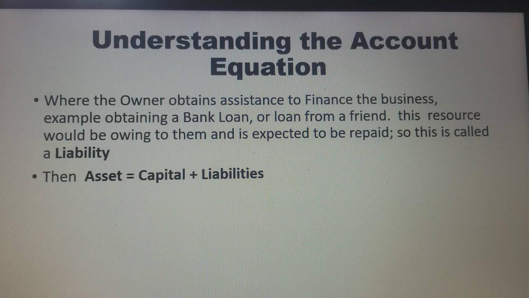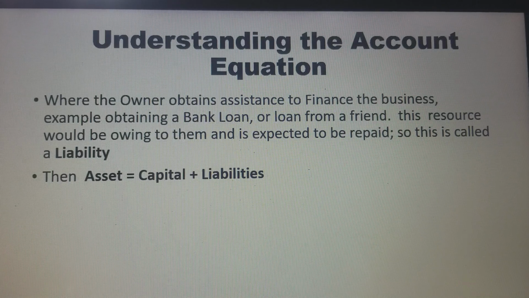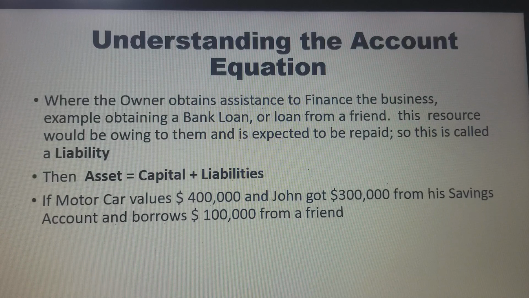Now, whenever the owner has other persons assisting, then this is the accounting equation: asset is equal to capital plus liability. Now let's look at another scenario.